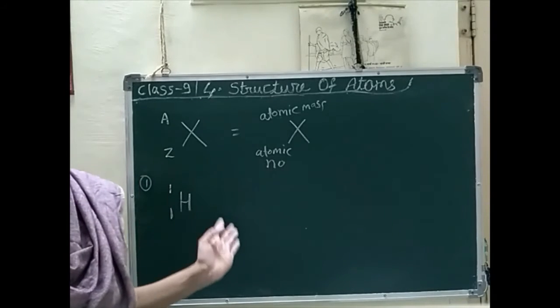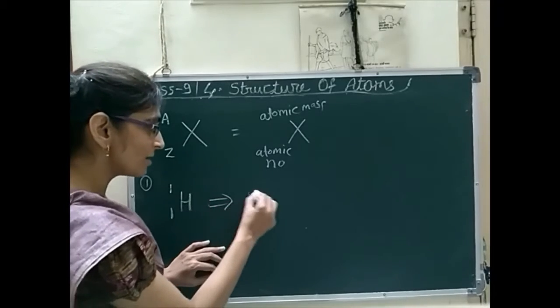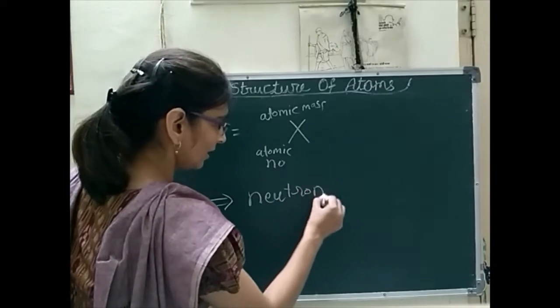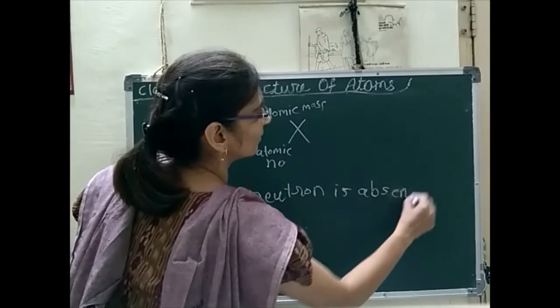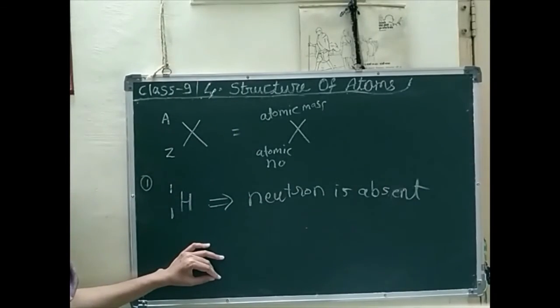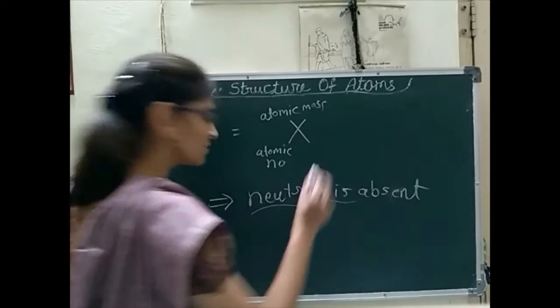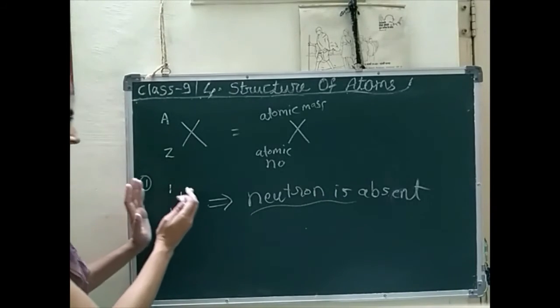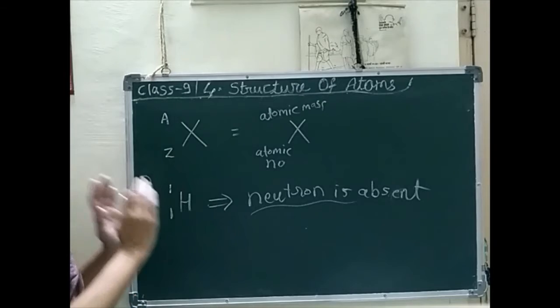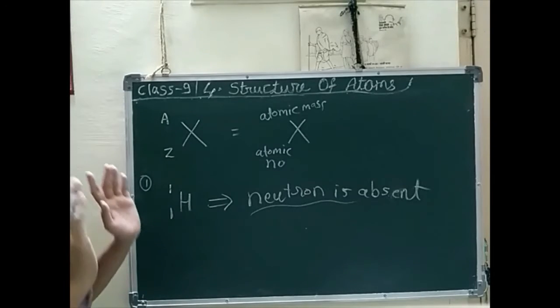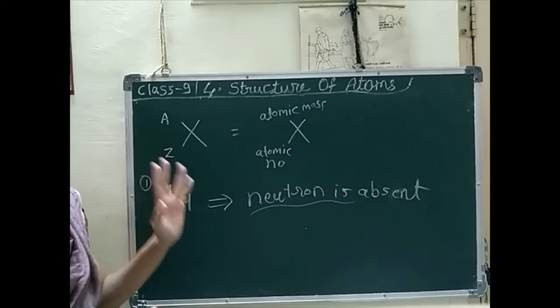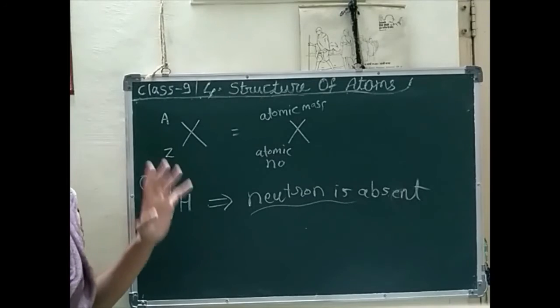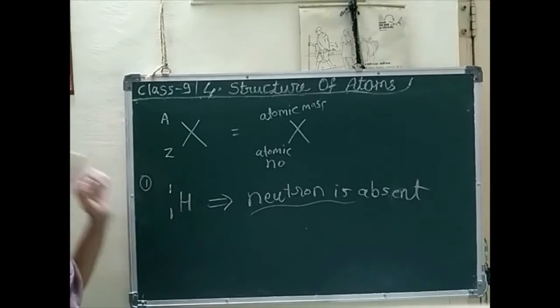That's why neutron is absent in hydrogen. The rest of the elements, from helium onward, every atom has neutrons inside the nucleus. That point is important; note it down.